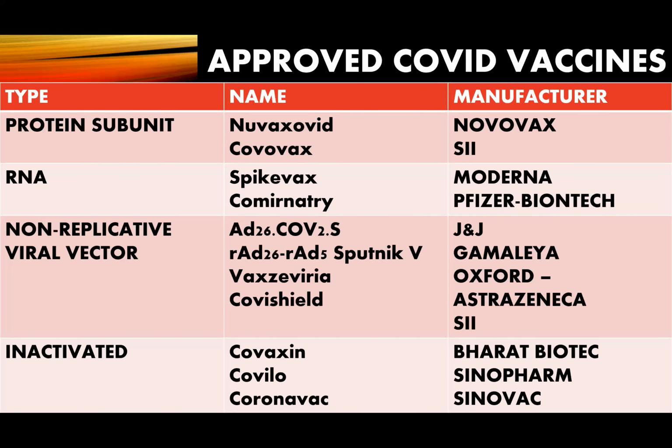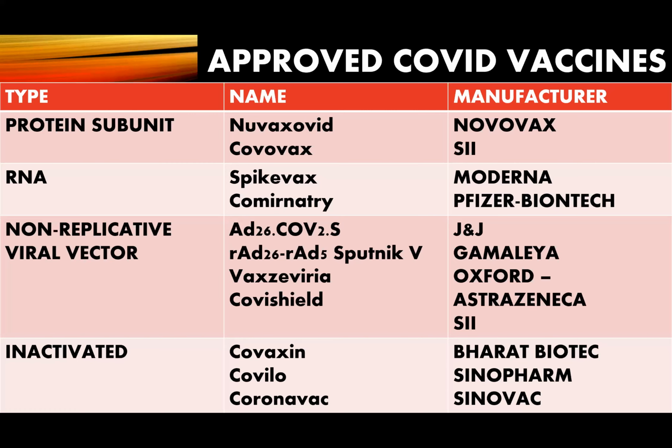Among the protein subunit vaccines, there are 2 of them: Novavax, by Novavax, a manufacturer in the US, and Covovax, also by SII, which is similar to what Novavax has provided but is being produced in Serum Institute in India.